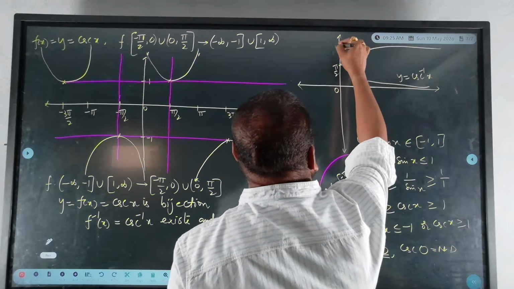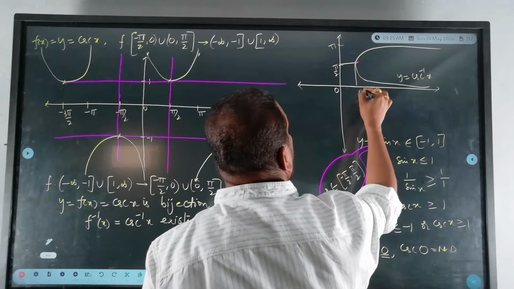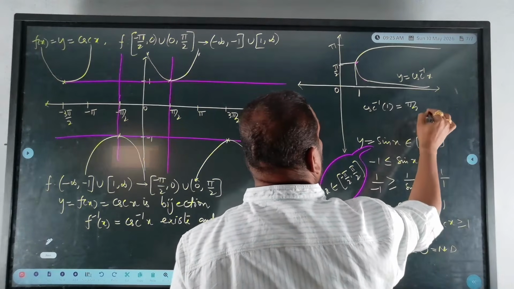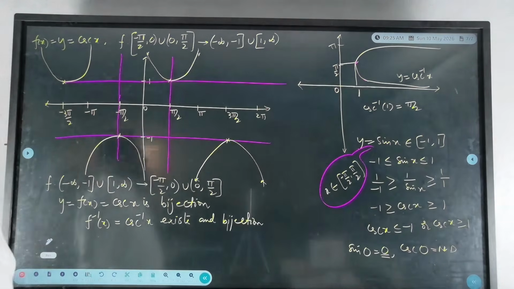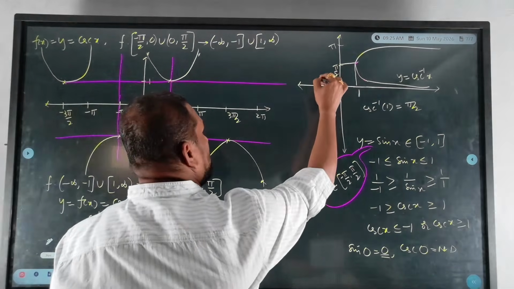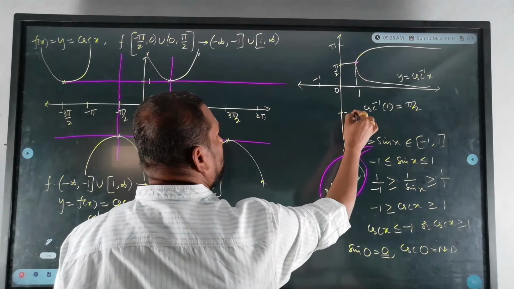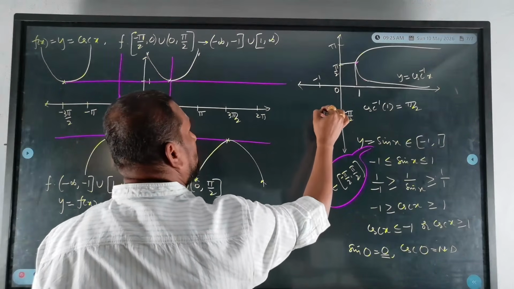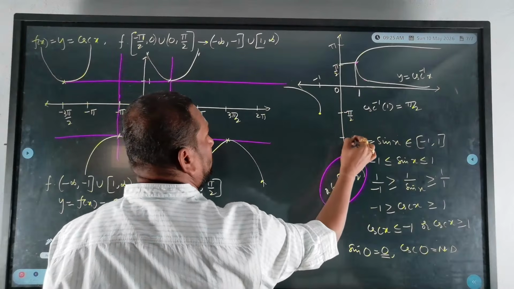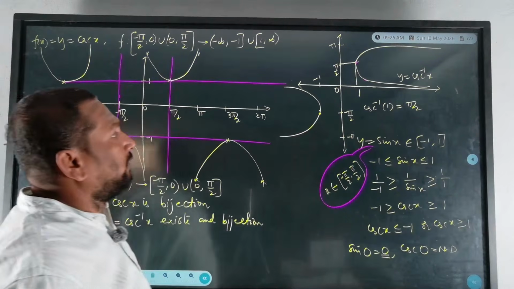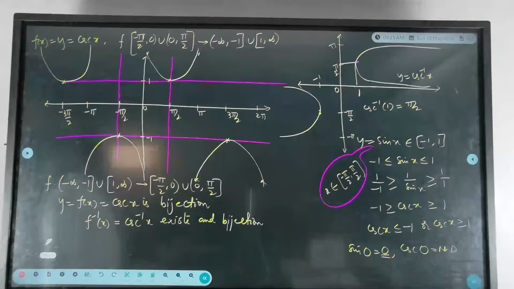For not defined it is pi. Cosecant inverse 1 is equal to pi by 2. For minus 1 also you can take it is minus pi by 2. For 0 it is infinity. For minus pi it is infinity. This is the graph of y is equal to cosecant inverse x.